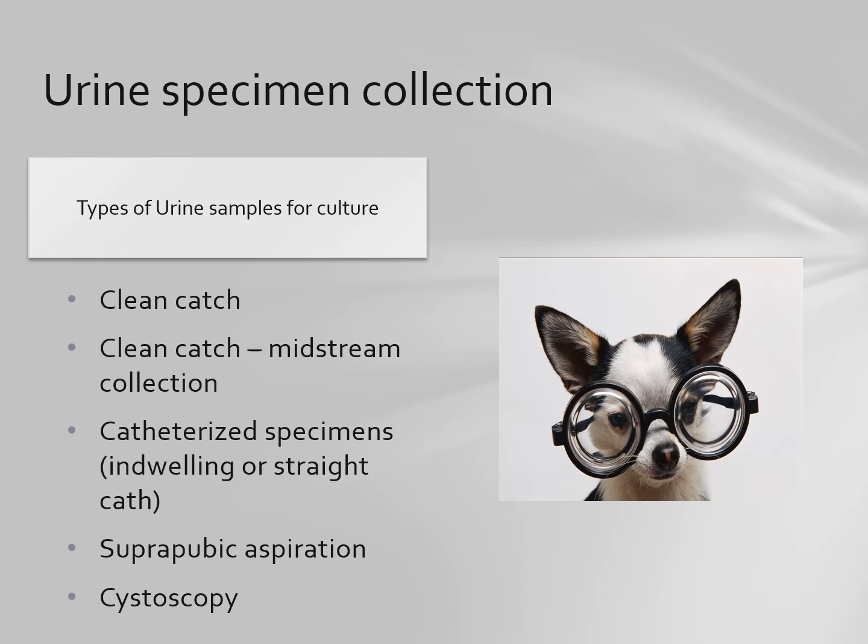One is called an indwelling catheter that stays in the urethra and bladder for a long period of time. And then there's another type of catheter called the straight cath. The straight cath is when they insert the tubing into the urethra and bladder just for a small period of time, and then they remove the catheter. Okay. We also have what's known as suprapubic aspiration and cystoscopy.